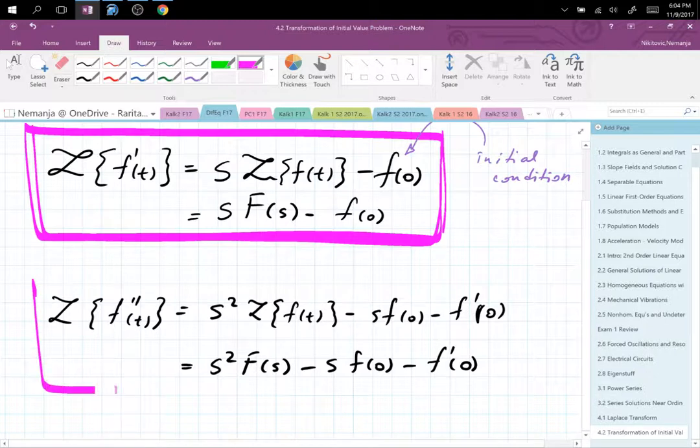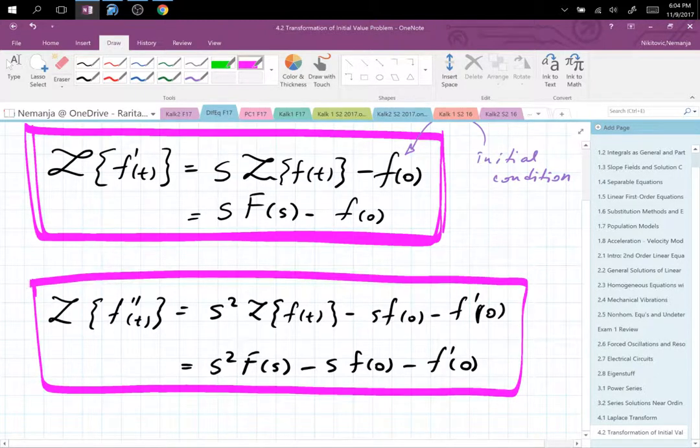Also gets a tick box because you are going to use this a lot.